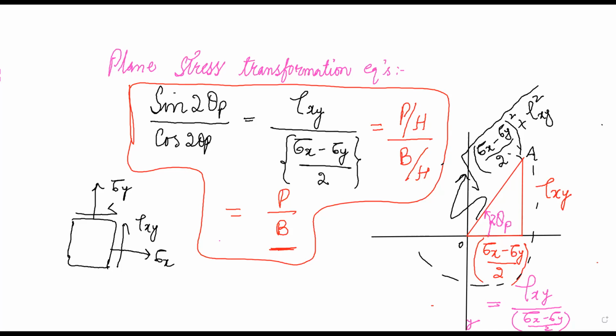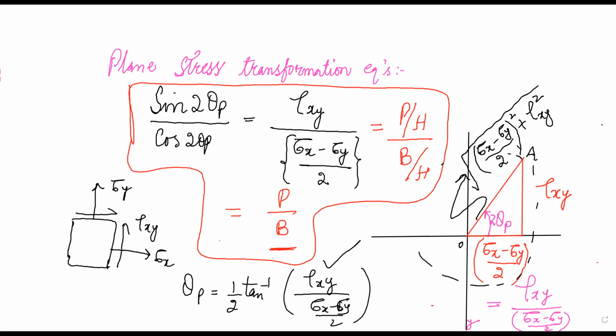That is, if you rotate this element, at what angle of rotation will your normal stress have the maximum or the minimum value? You can directly tell me, sir, the principal angle theta p is equal to 1 by 2 tan inverse of tau xy divided by sigma x minus sigma y divided by 2. Tau xy, sigma x and sigma y are given, so can't we calculate theta p? This is called the principal angle.